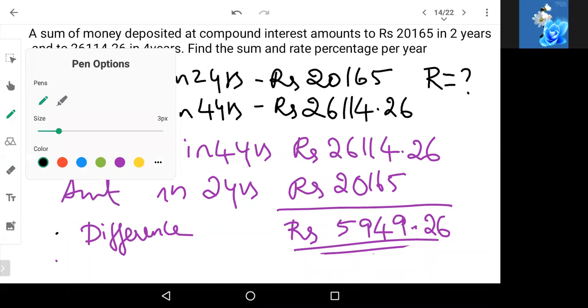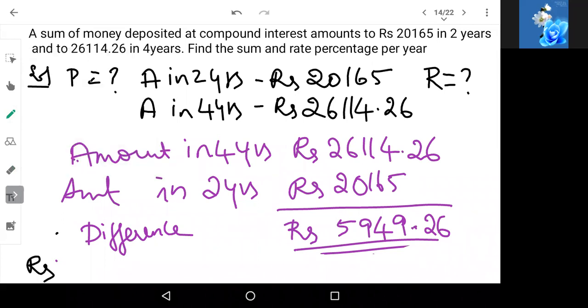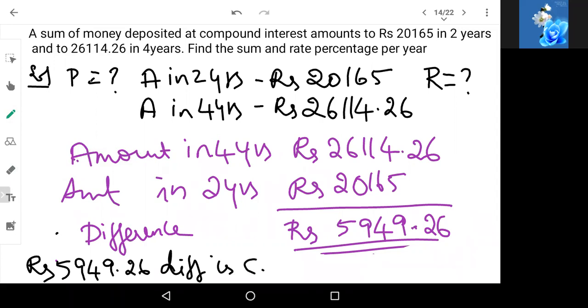Good. Now let's write what is that difference. So rupees 5,949.26 is the difference. The difference is compound interest for 2 years on rupees 20,165.